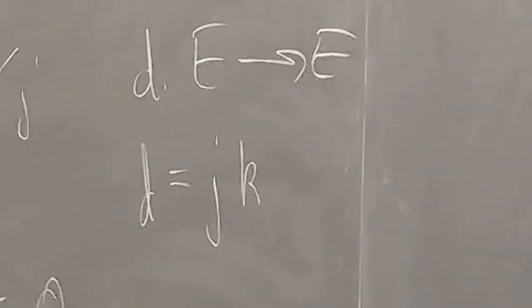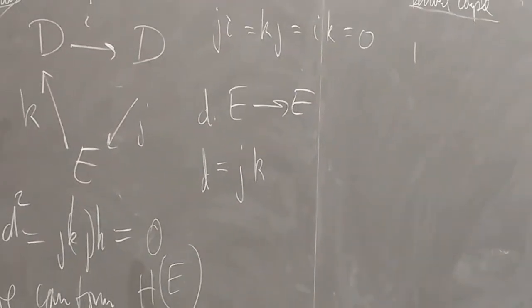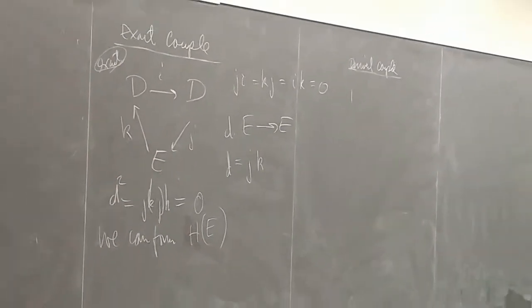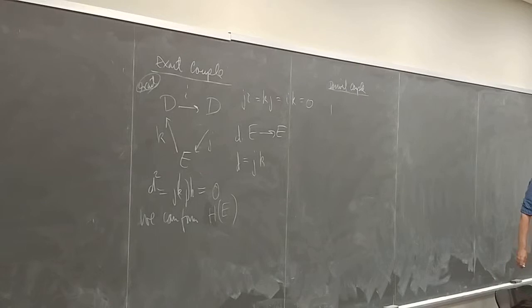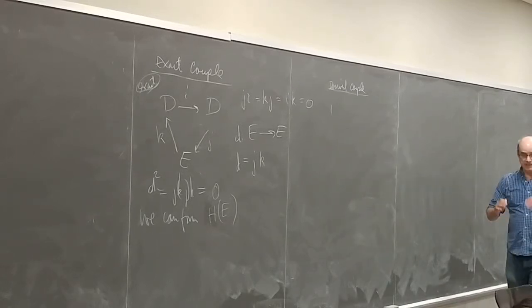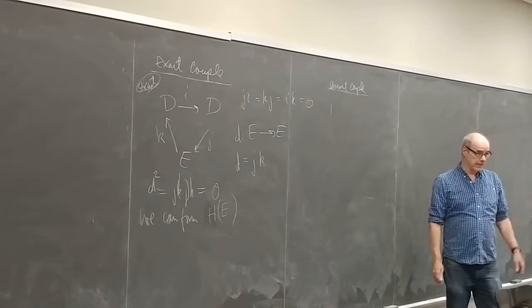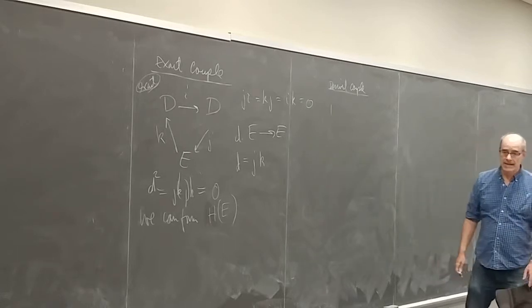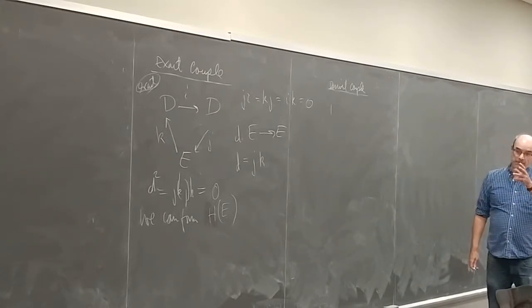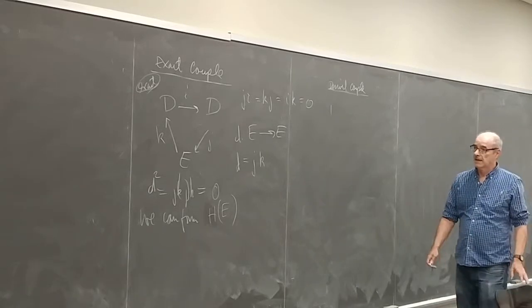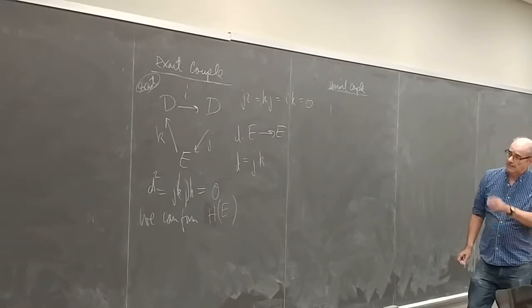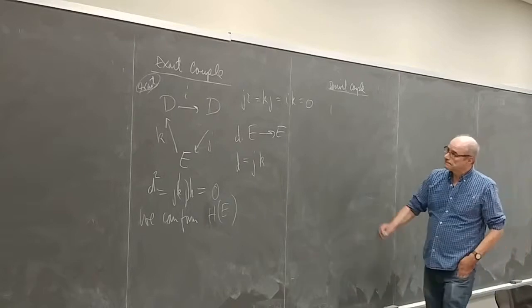Oftentimes they're bigraded, oftentimes they're trigraded. So in this business of spectral sequences, there are usually lots of gradings floating around, and you want to pay attention to the bi-degree or the tri-degree of the maps. And the grading is important, actually. You use it to make calculations. But at the moment, nothing's graded yet.